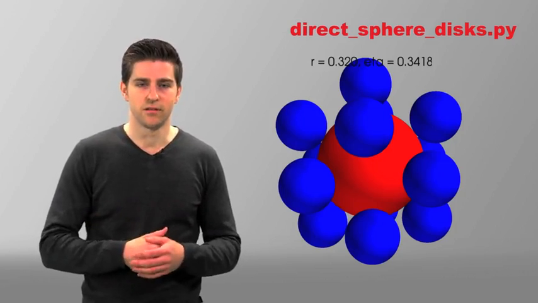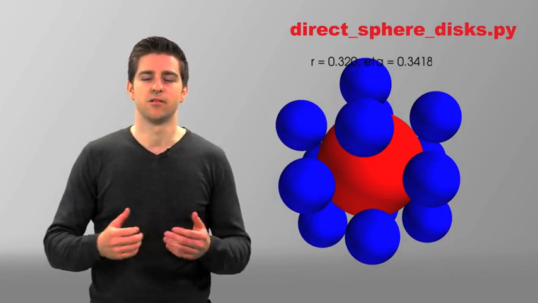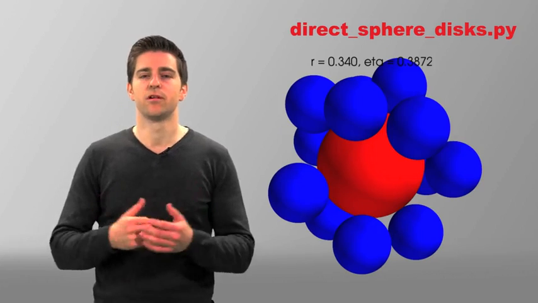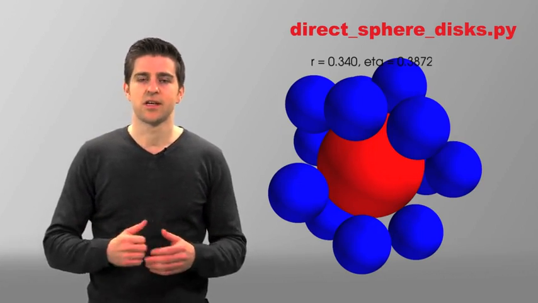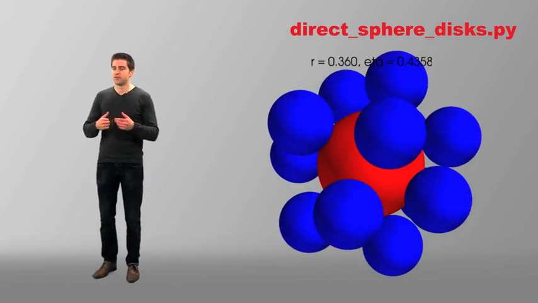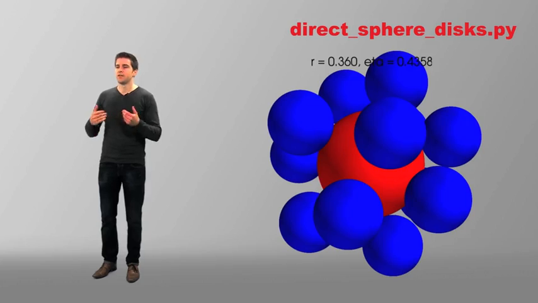For disks of radius r = 0.34, the program will generate hundreds of thousands of illegal configurations, and for r = 0.36, it will generate more than 10 million illegal configurations.